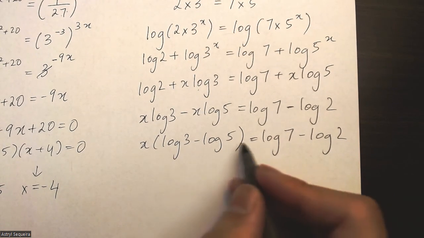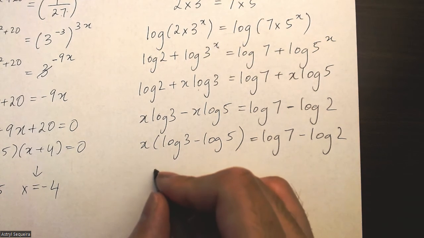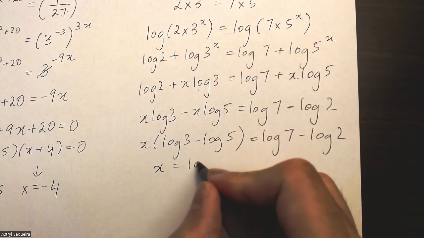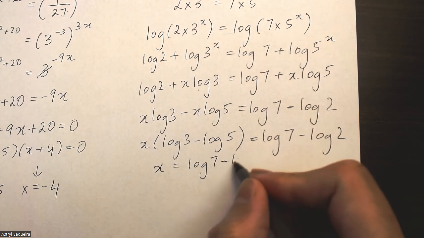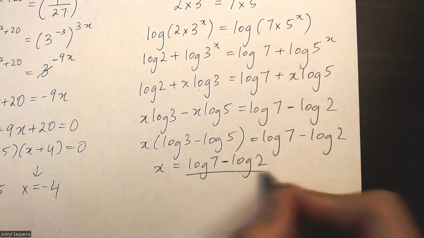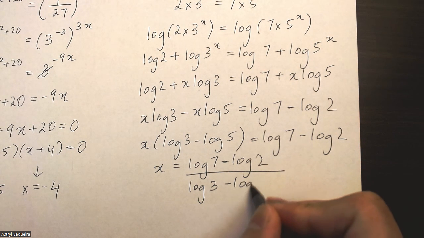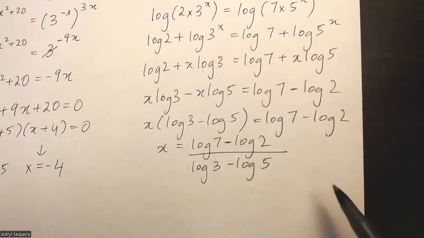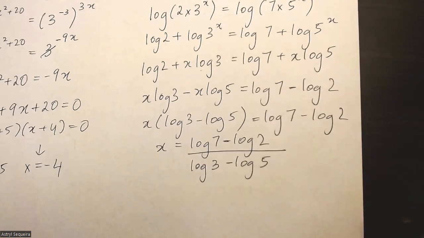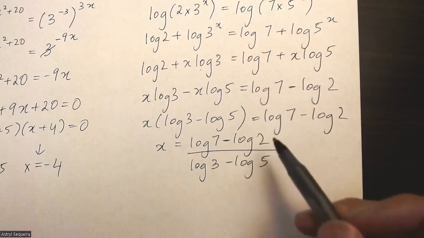Now I'll divide both sides. I'll divide this on the other side basically. And there are ways to combine these as well if you had to further reduce them down.